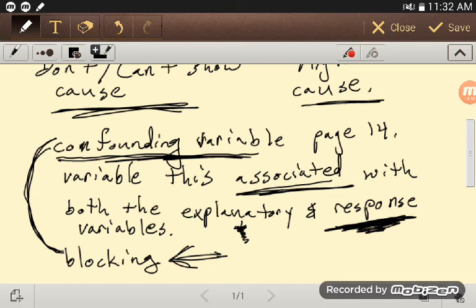And actually, that's exactly what we're going to do in our first project. We are going to use blocking to take care of our confounding variable. And I believe those are the highlights for that. They mentioned placebo and double-blind studies and blind studies and that sort of thing.